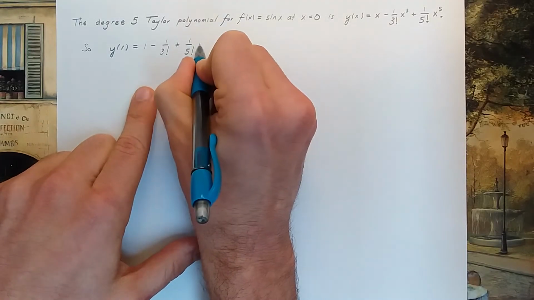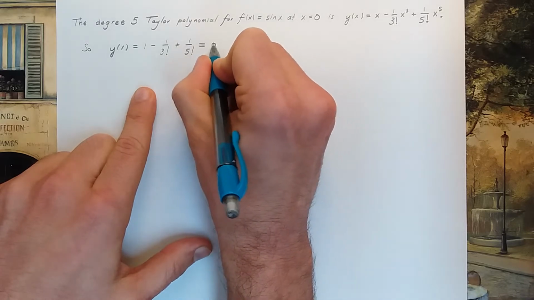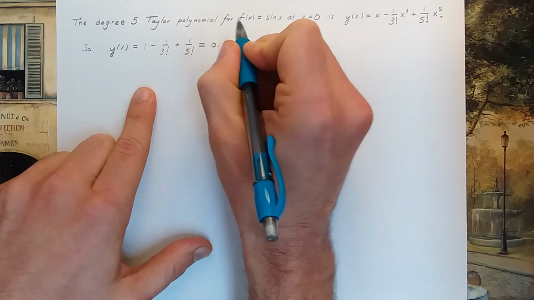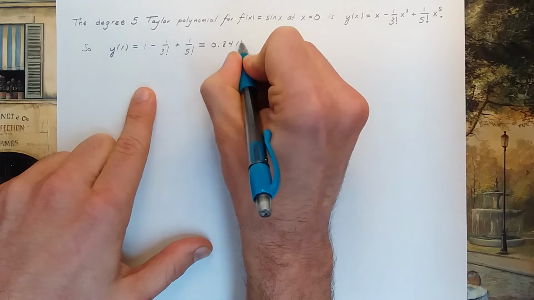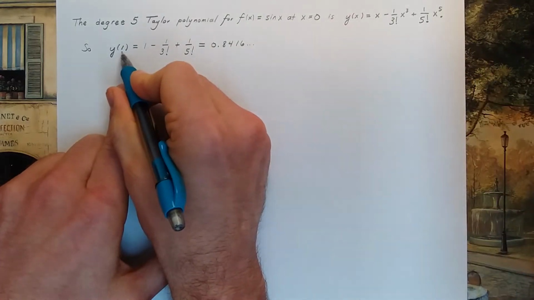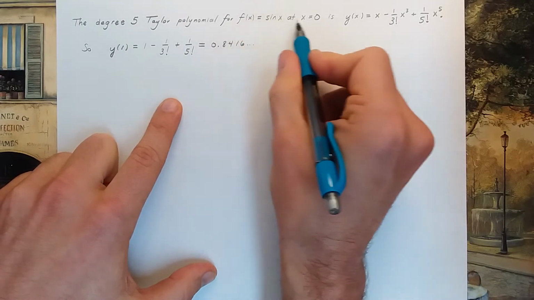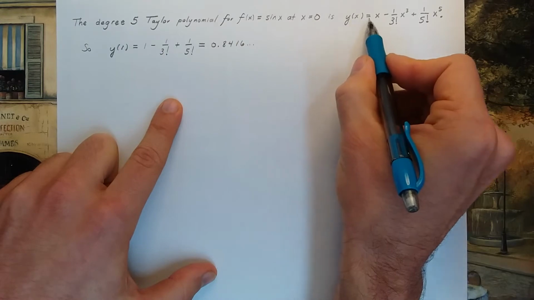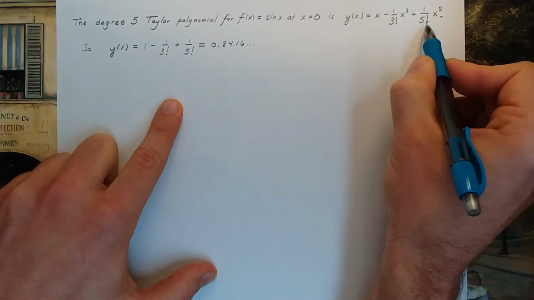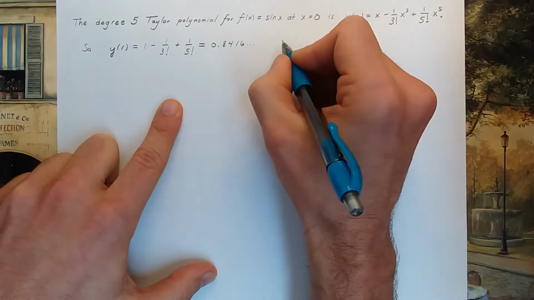If you do the calculations, this is the decimal approximation, 0.8416 and so on. This should be close to the value of sine of 1. So if I plug in 1 to my approximation, it should be close to the value of the function at 1.